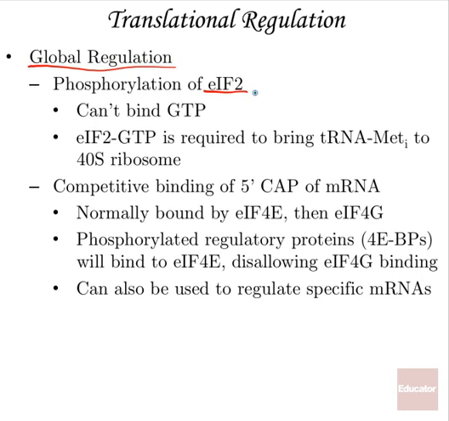If you phosphorylate EIF2, that protein can't bind GTP, and if you can't bind GTP, you're not able to bring the starting codon, the charged tRNA with the initiating methionine, to the ribosome, because this EIF2-GTP complex is required to bring that to the 40S ribosome. So if you phosphorylate EIF2, you can't translate anything.